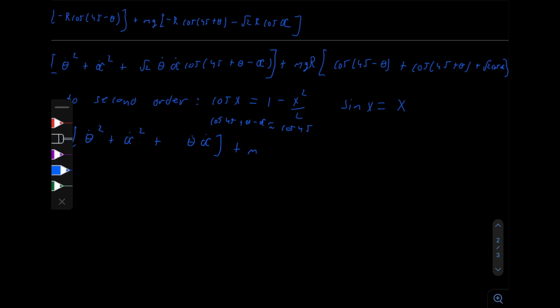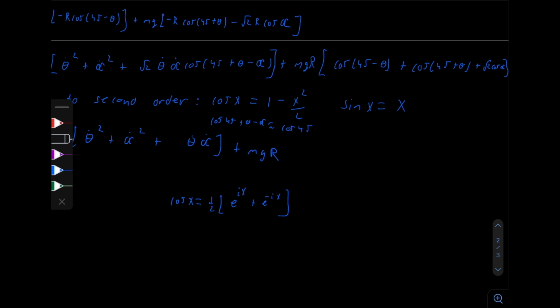Okay, let's continue. So we have mgr cosines plus cosines. Well, this is actually another trig identity. Wouldn't you know it? You can actually derive it using Euler's identity again. But this time you have to use the exponential representation of cosine, which is 1/2 e to the ix plus e to the minus ix.